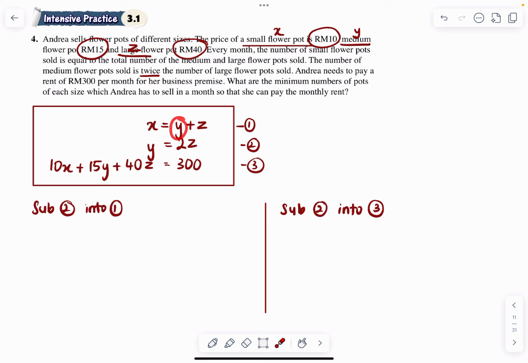So this one will be 2Z. X equals 2Z plus Z, so X equals 3Z. Then we sub this into equation 3. We will get 10X plus 15Y plus 40Z is 300.